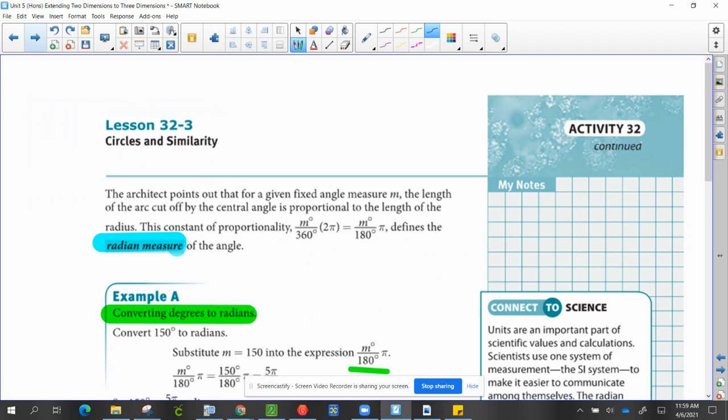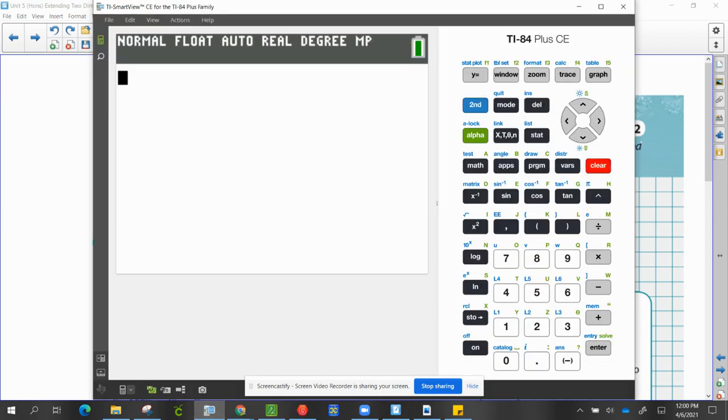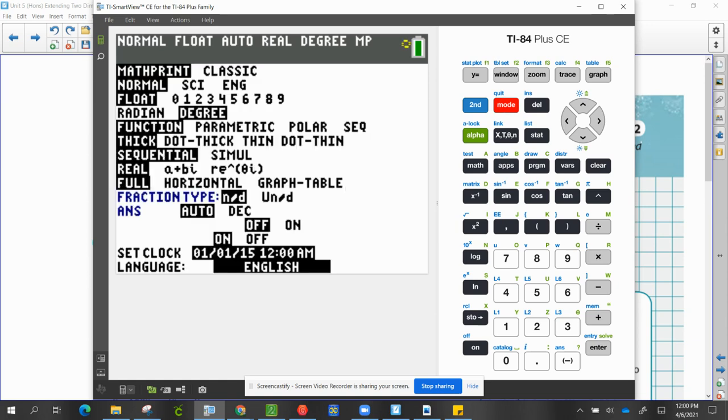So I want us to jump to this page here, which I believe is on page 473, and we're going to talk about what a radian measure is. Now, remember on your calculators, in our mode setting, we have degree mode and radian mode. Radian is just another way to measure angles instead of degrees.